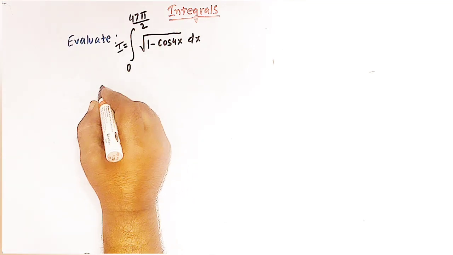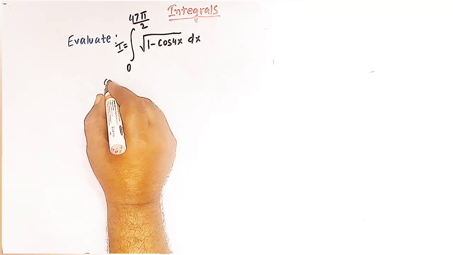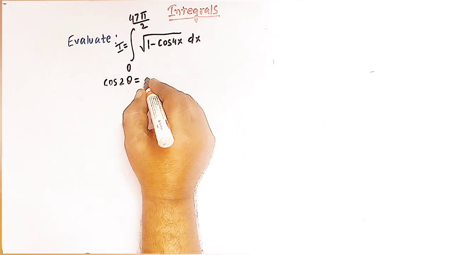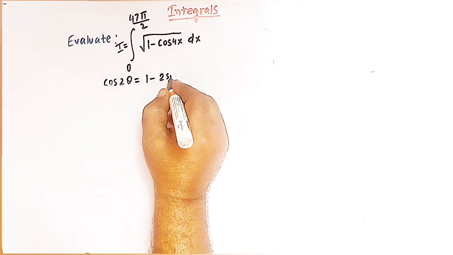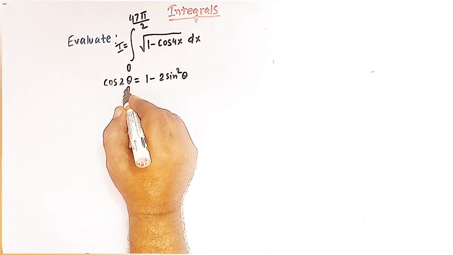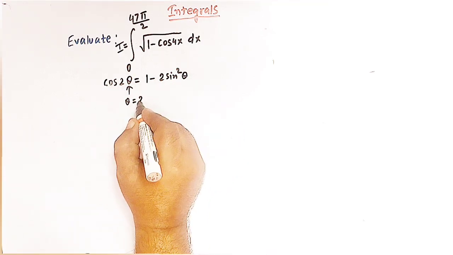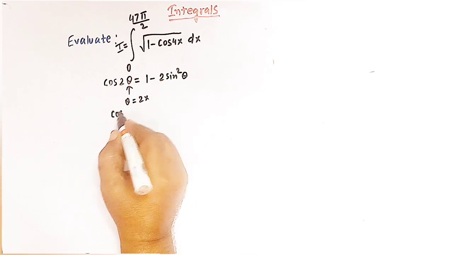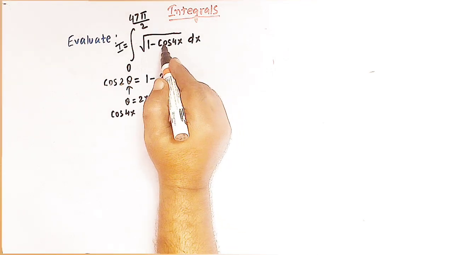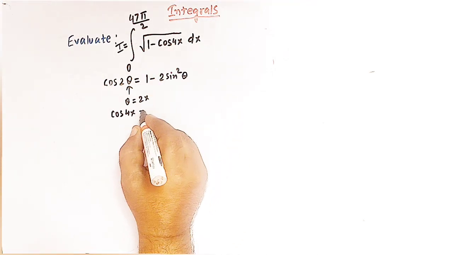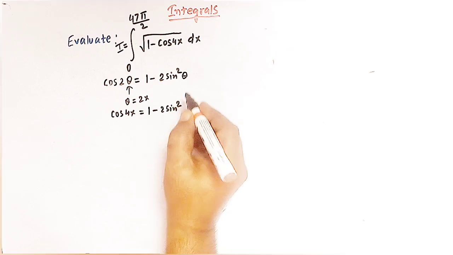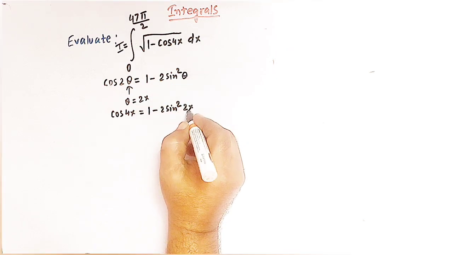Now see, we know this important identity that cosine 2 theta is given by 1 minus 2 sine square theta, right? Now see, if we replace this theta by 2x, then we get cos 4x, so cosine 4x is 1 minus 2 sine square 2x.